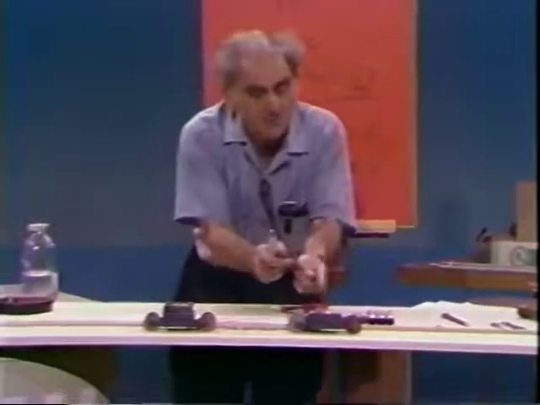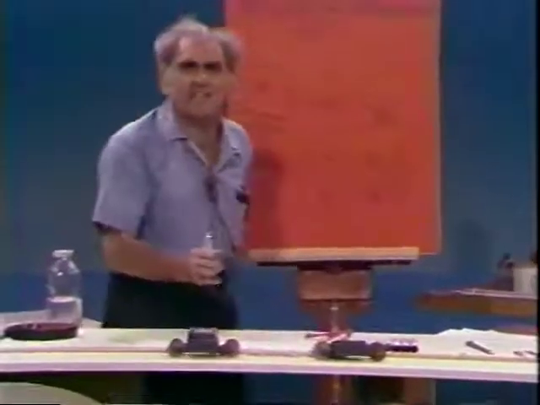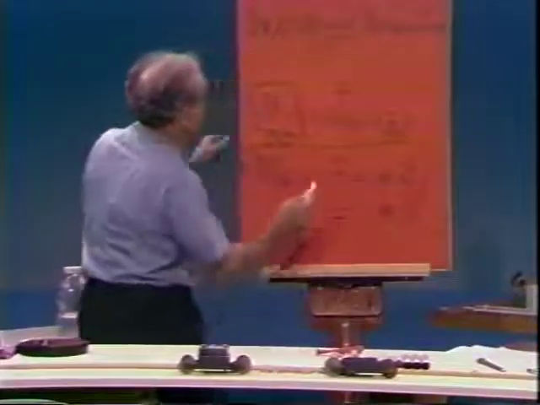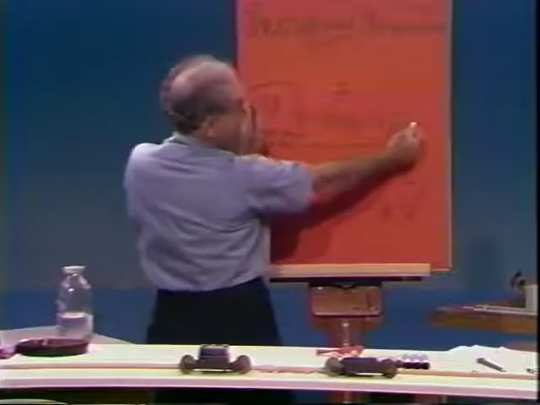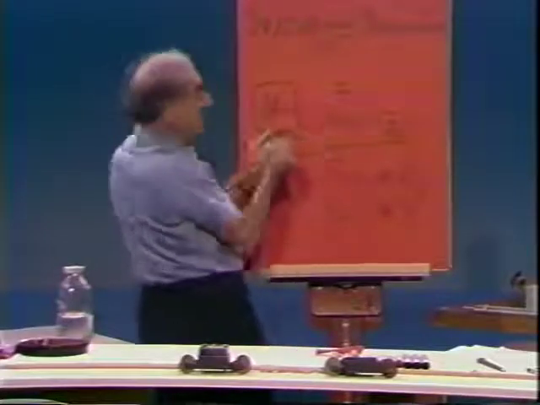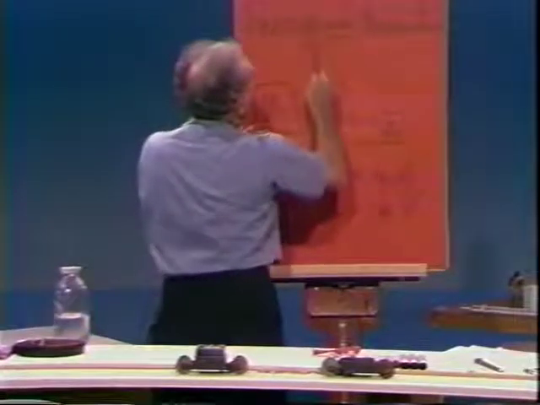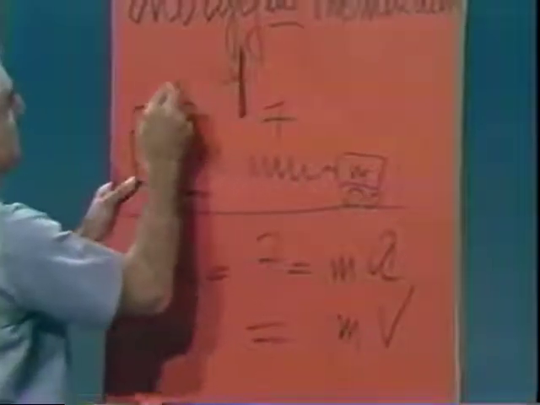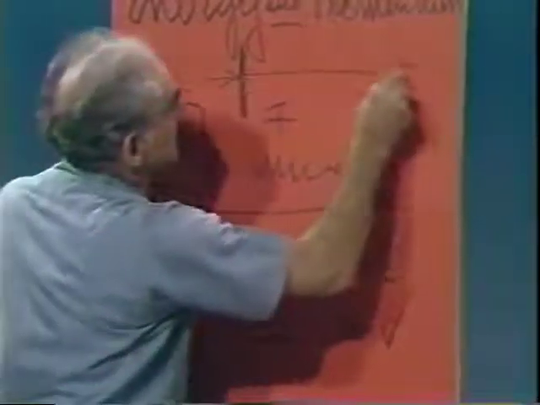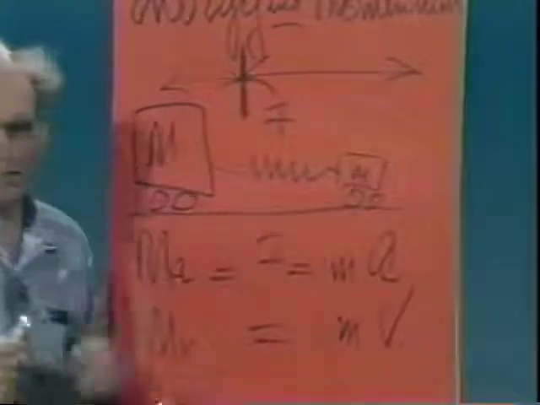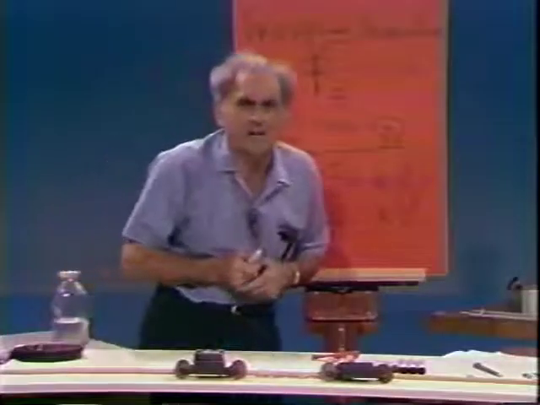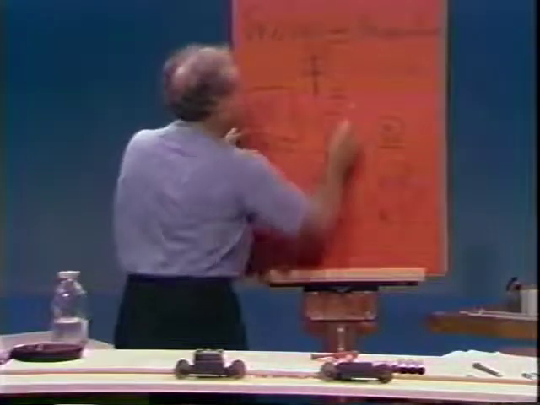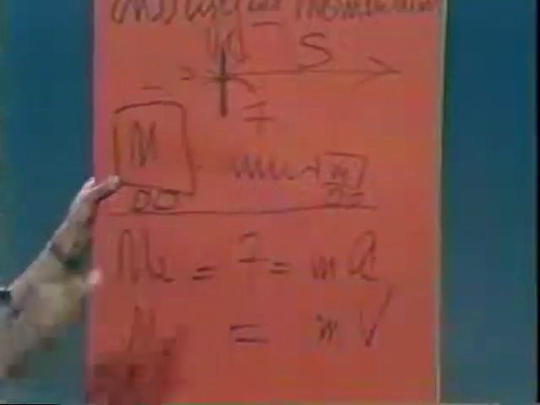Is it not true that the smaller car went the greater distance? That is, if I let them come from a place of rest and meet, they would meet somewhere in here. This is the distance the big car would go, and this is the distance the little car would go. So the little car goes the greater distance, s, little s.